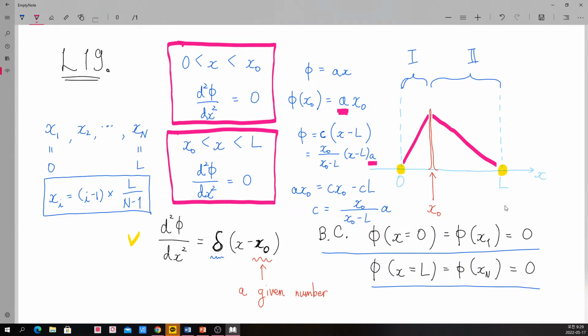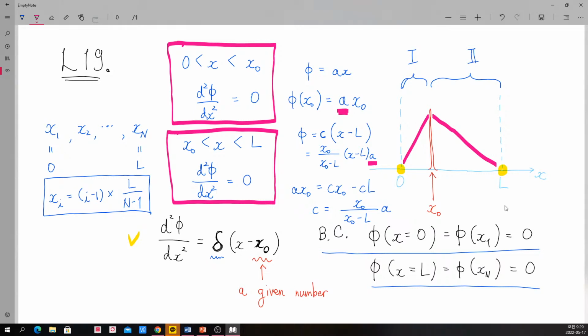Since the green function has a highly localized source term, except at the point of that highly localized source term, we can easily solve just a homogeneous equation without any source term.